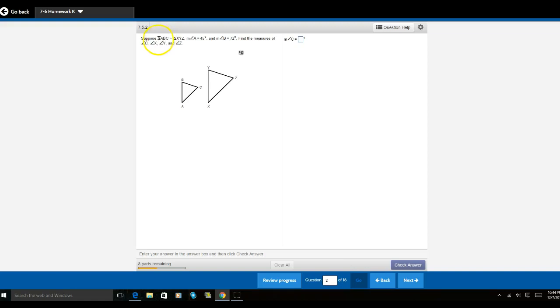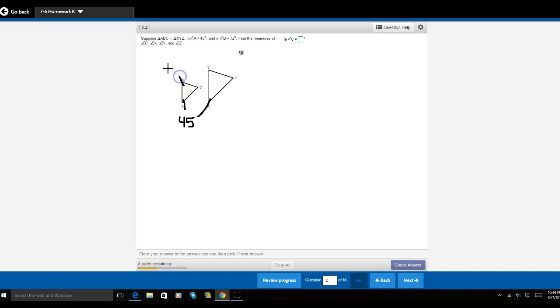Okay, so suppose that triangle ABC is similar to triangle XYZ, and angle A is 45 degrees, angle B is 72 degrees. They want me to find the measures of C, and then of course of X, Y, and Z. So here I've got angle A, which is 45. So that means that angle X is also going to be 45 because in similar figures, the corresponding angles are the same.